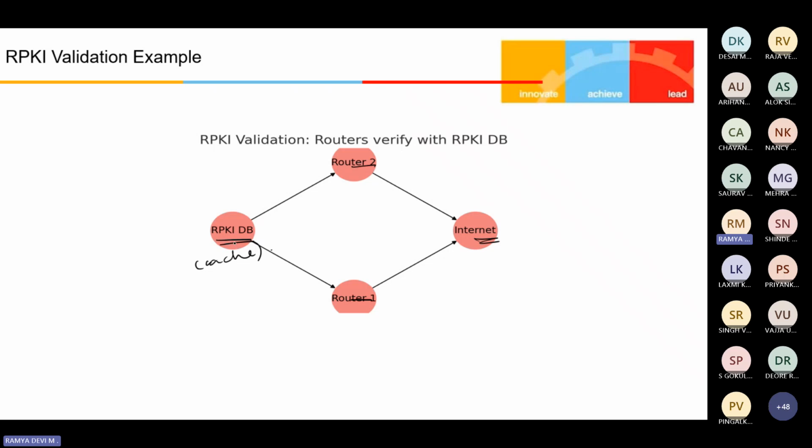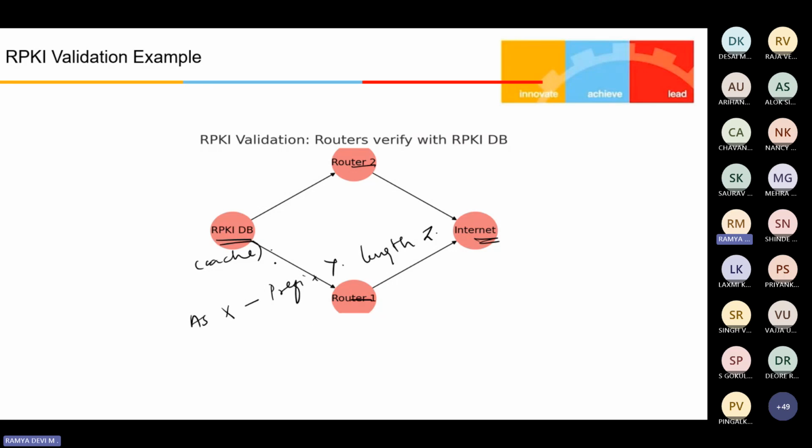This will be adding the cryptographic proofs of who is allowed to announce which prefix on the internet. So the prefix owners will be creating ROAs. What are ROAs? Route Origin Authorizations. So say for example, autonomous system X may be originating the prefix Y up to the maximum length. So ROAs will be published with the help of regional internet registries.